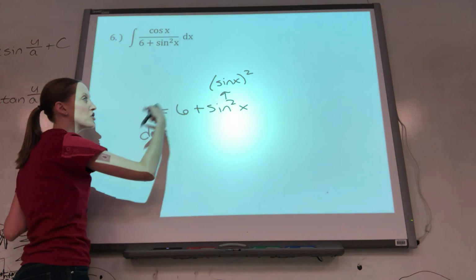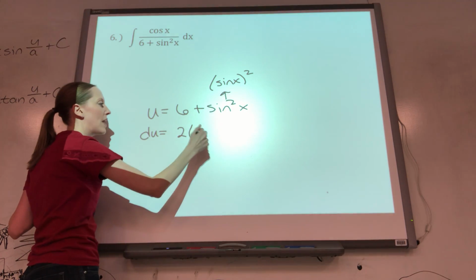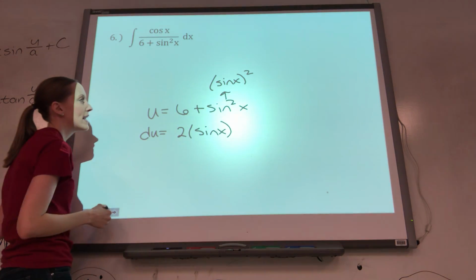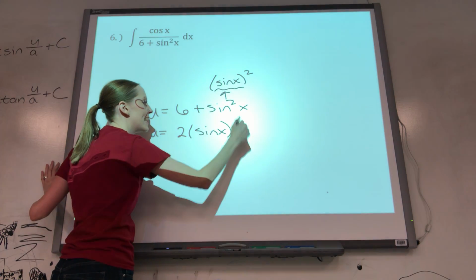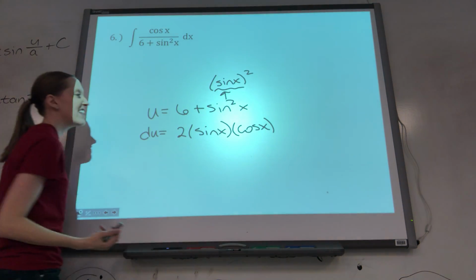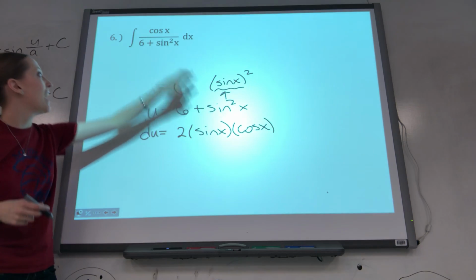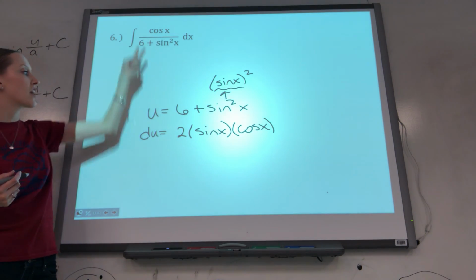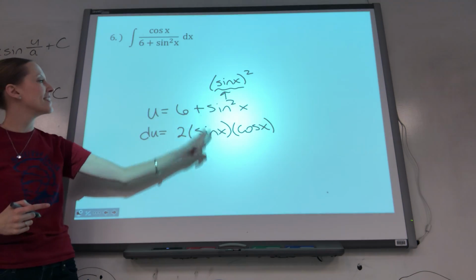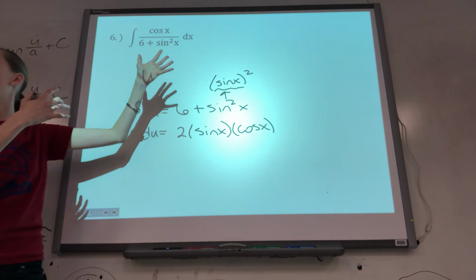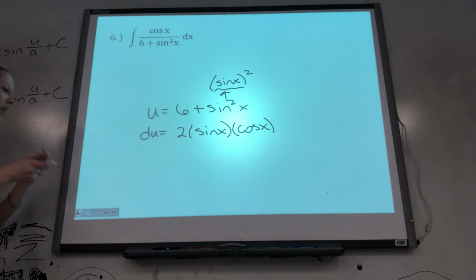I would have to use the chain rule, pull the 2 out front, make it to the 1 less power, go back and take the derivative of the part on the inside. That's not matching up to what I have either. I could get the 2, but I couldn't just throw in a sine of x to the integrand. So that would not work out either.